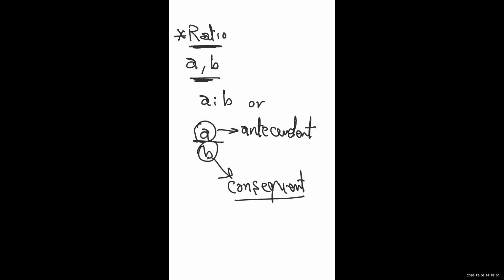If there is a ratio between A and B, then the first number is AM, and the second number will also be BM.